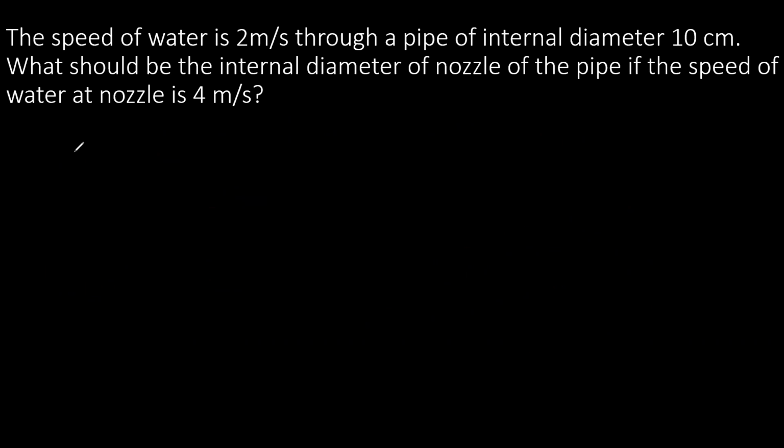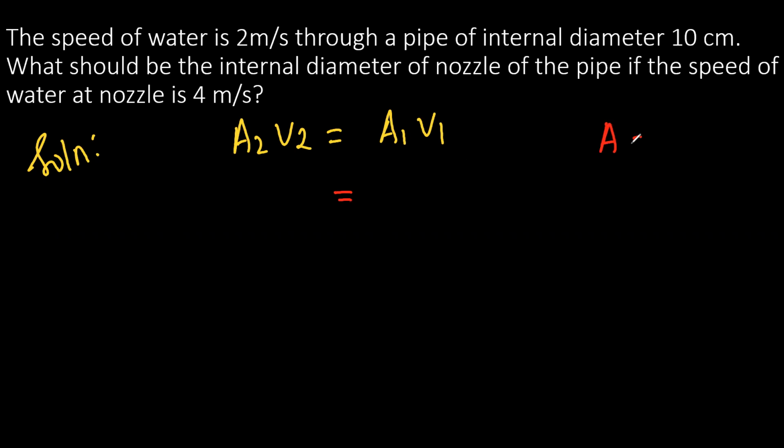So what is the solution here? AV is constant, so I can write A2 V2 is equal to A1 V1. Area into velocity. Now area is given in terms of diameter. So area कैसे होता है? So pi r square. लेकिन मुझे diameter में लिखना तो कैसे होगा? R is d by 2 ना.